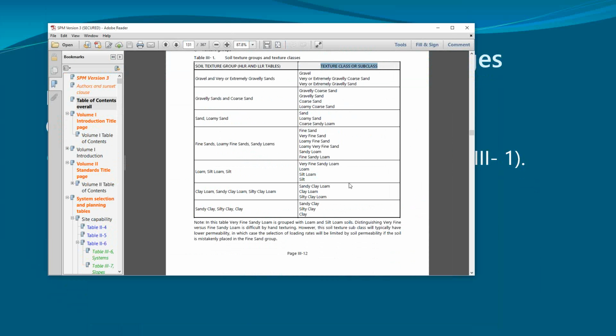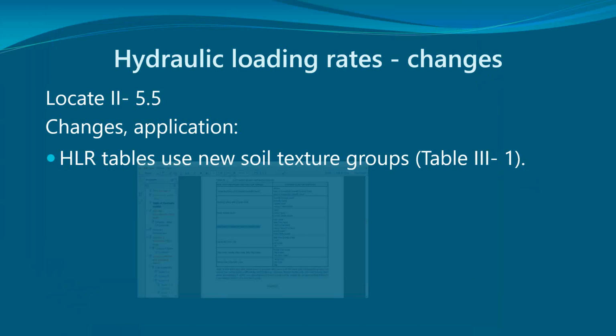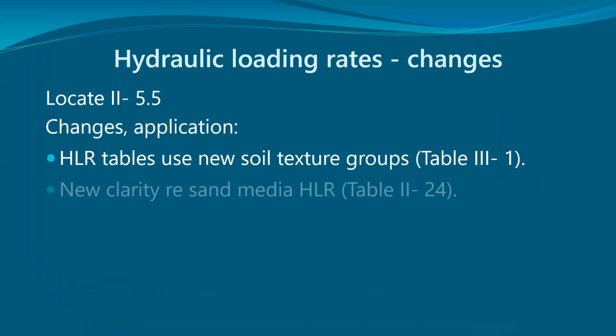It was fairly difficult to use. So in an effort to simplify things, they grouped these USDA texture classes into simplified groups. Right? So this is an effort by the SPM authors to simplify things. So that's a change, perhaps a significant one.